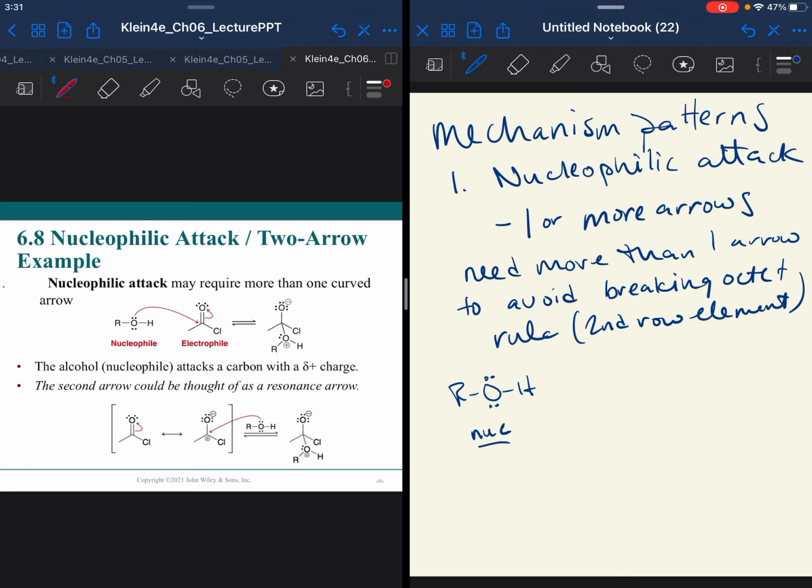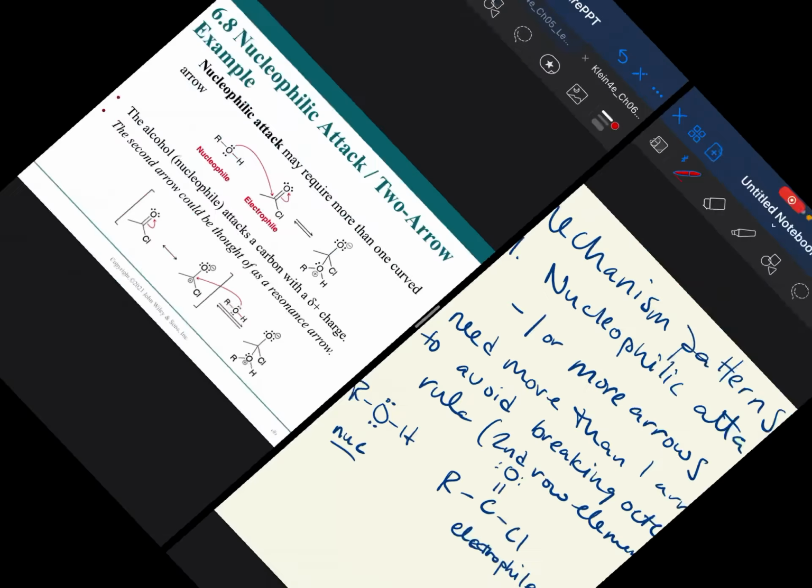You have your nucleophile, your oxygen with a lot of electron density. You have your electrophile, which is this carbonyl carbon, right? That carbon is very electron poor. It's connected not only to oxygen, but to chlorine, right? So it's very partially positive.